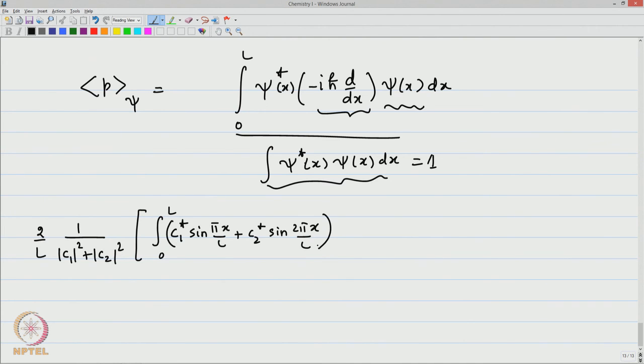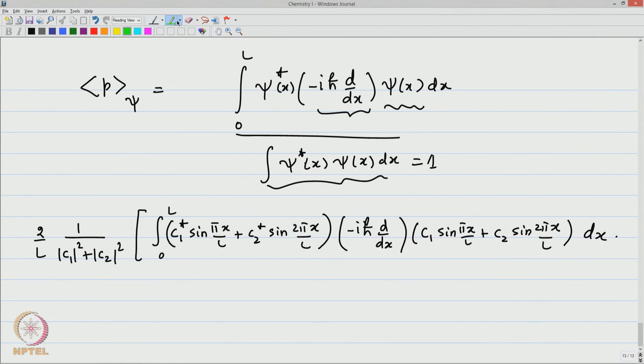This is psi star, and then the operator minus i h bar d by dx on the wave function C1 sin pi x by L plus C2 sin 2 pi x by L, okay, dx. The action of the momentum operator on the wave function is all of this, and once you have done this, multiply with the wave function and evaluate the integral.